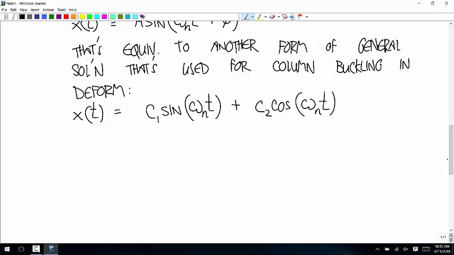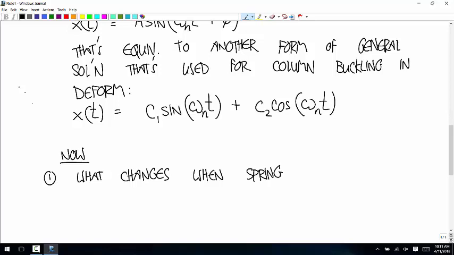So now this is what I want to talk about today. What changes when the spring mass system is arranged vertically?